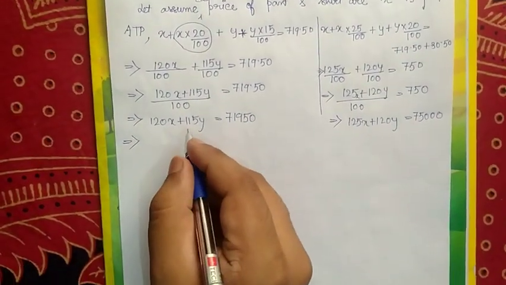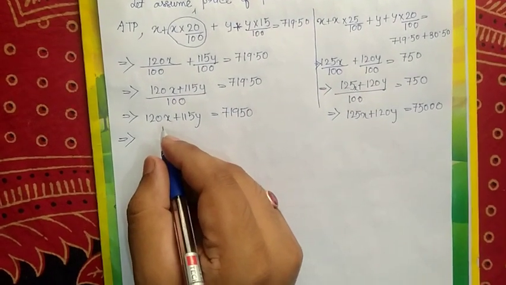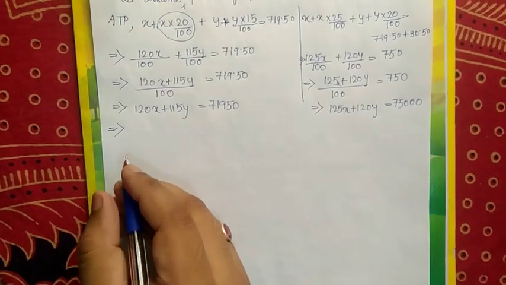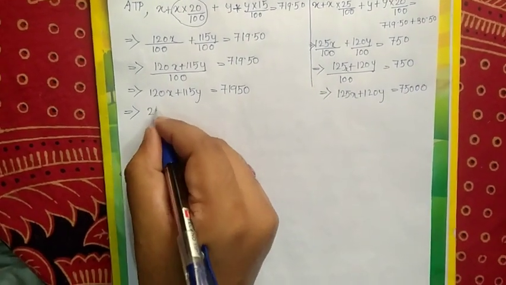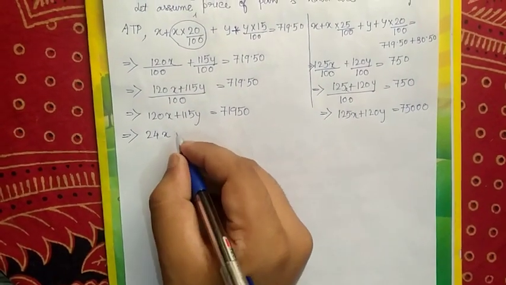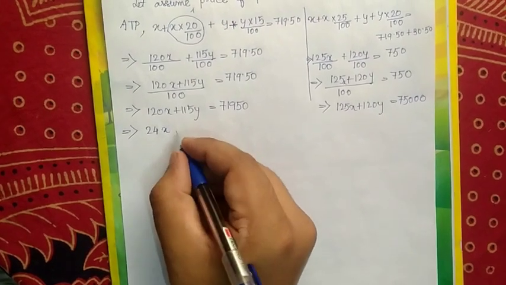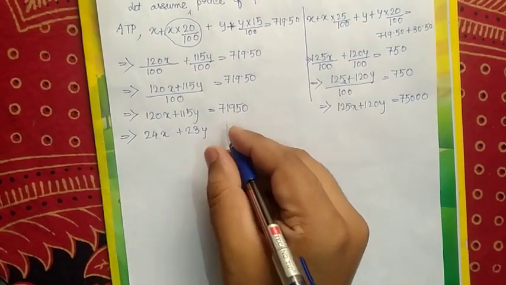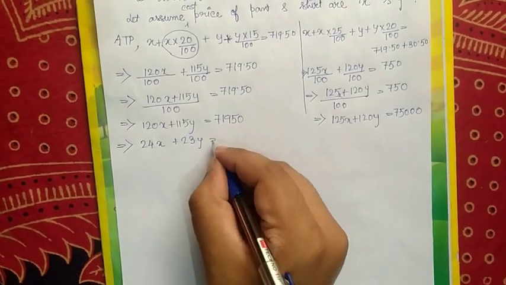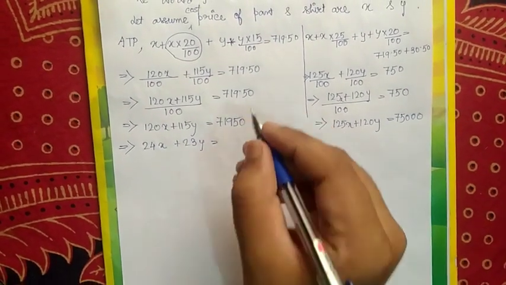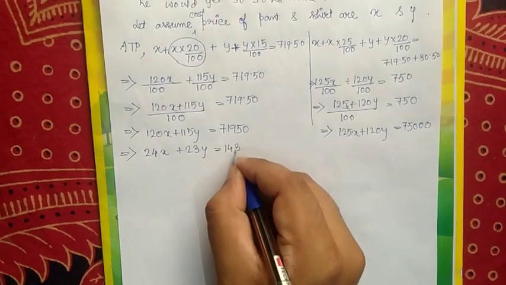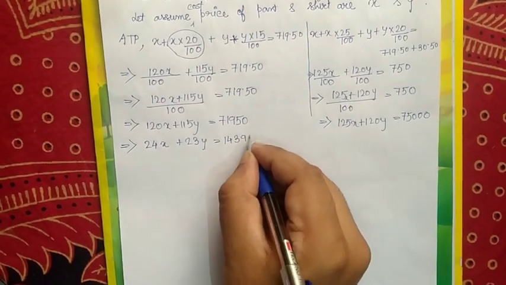After dividing by 5 we get 24x plus 23y equal to 14390.